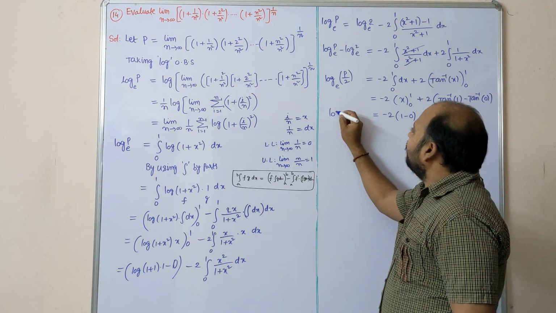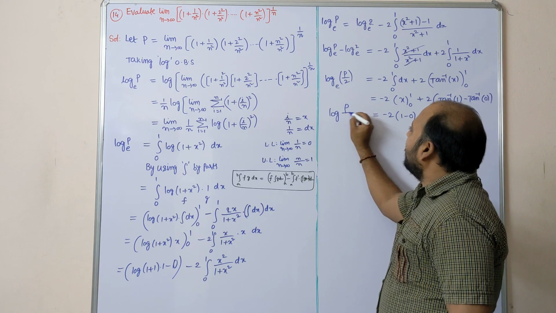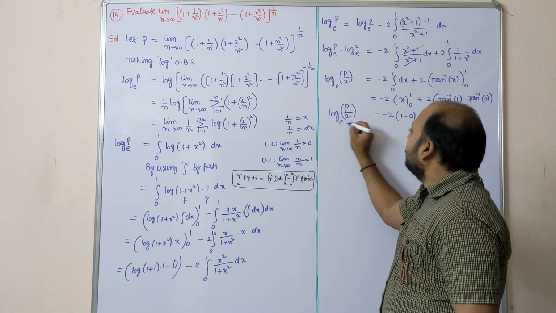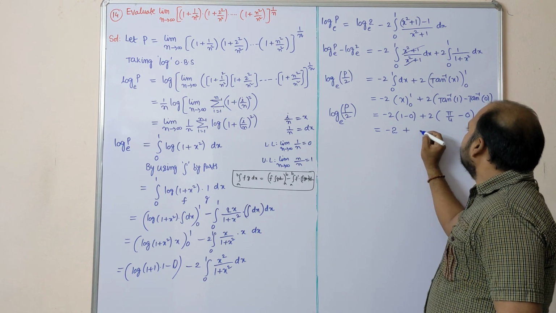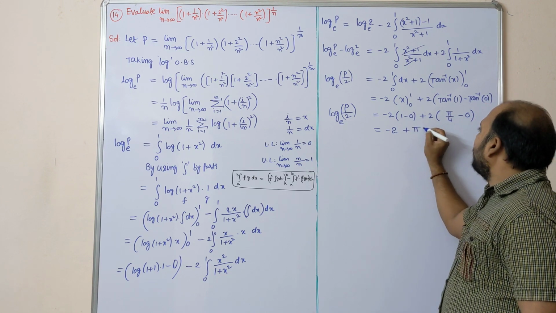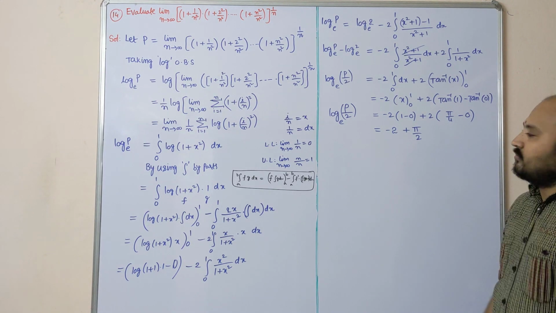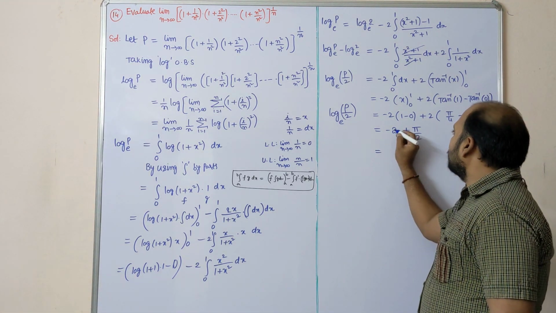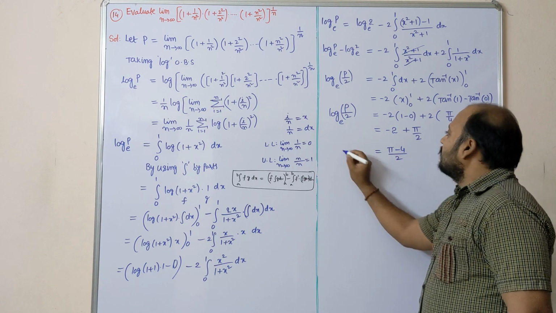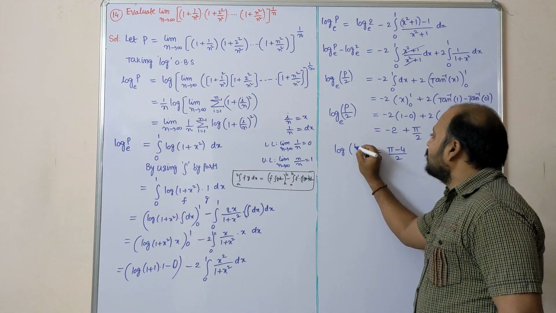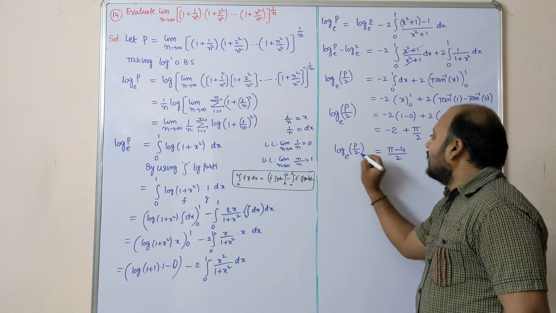So log of p by 2 to the base e is equal to minus 2 plus this will become pi by 2, 2 ones, 2 twos. If you simplify this, 2 to the 4, it is pi minus 4 by 2. So log of p by 2 to the base e.